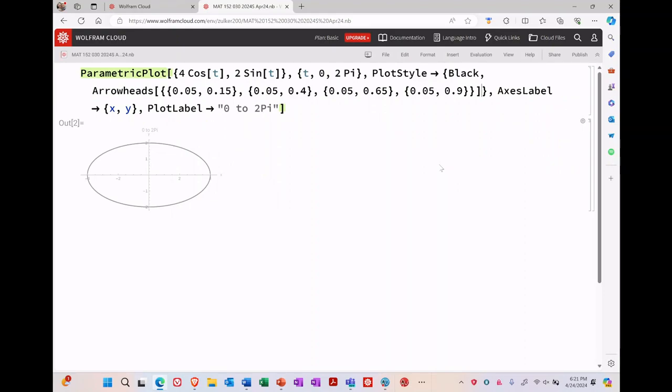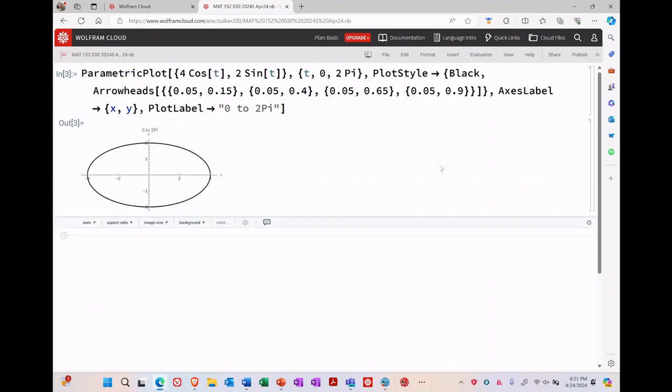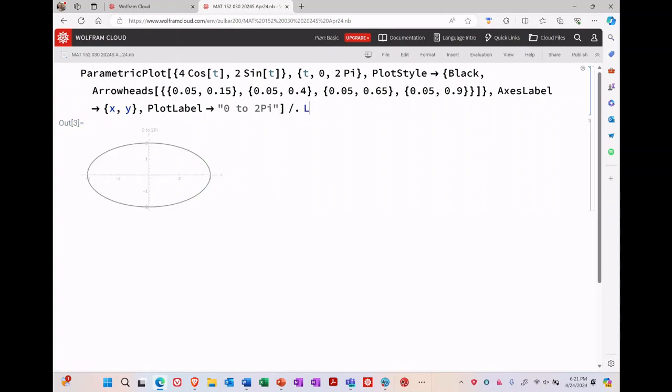Now, if I execute this, it shouldn't do anything. Yeah, won't do anything yet, because I have to add another command to tell Mathematica to change the lines into arrows, so it will plot arrowheads.